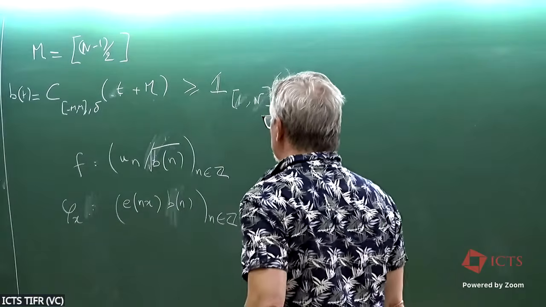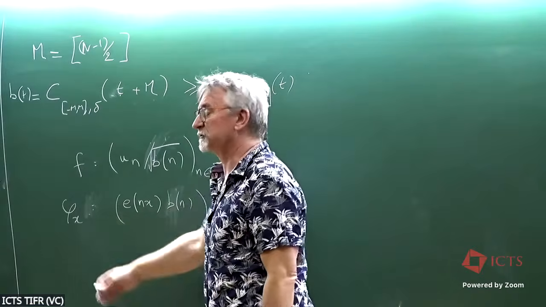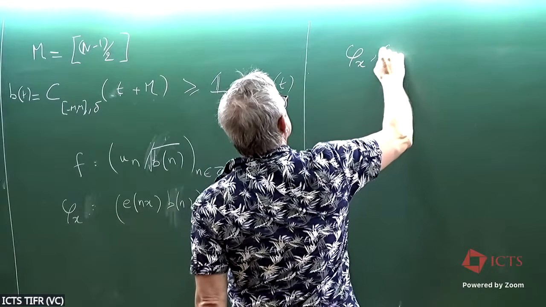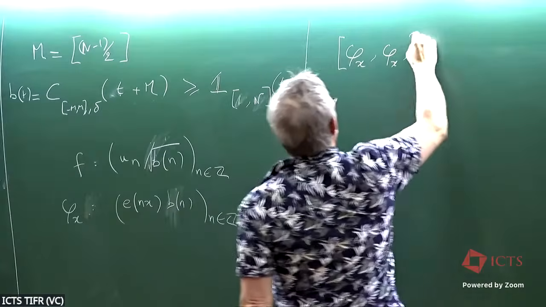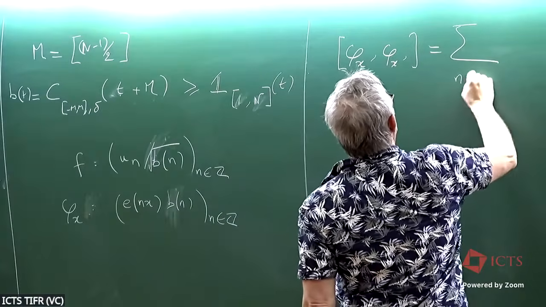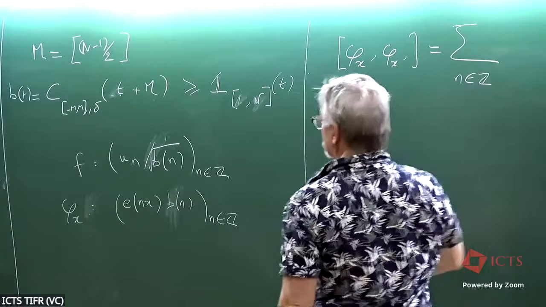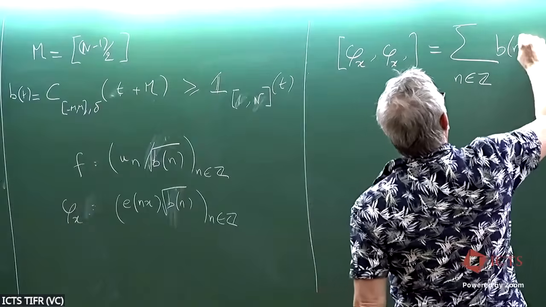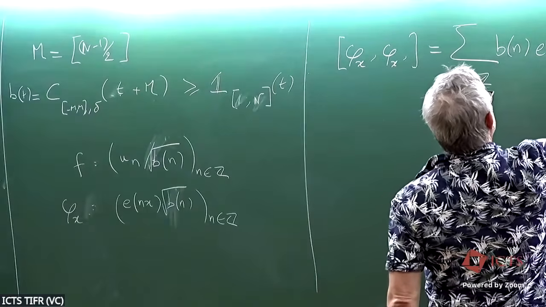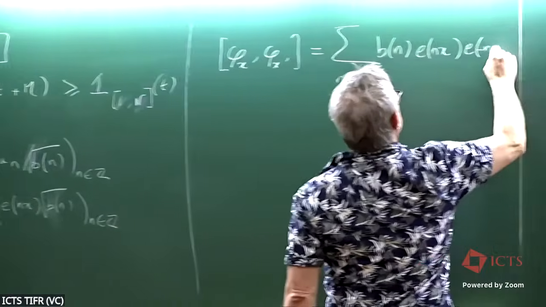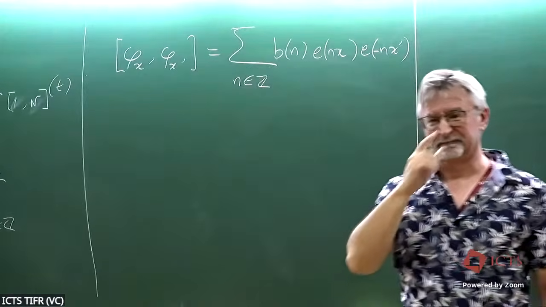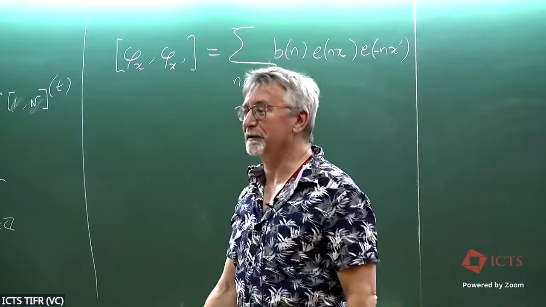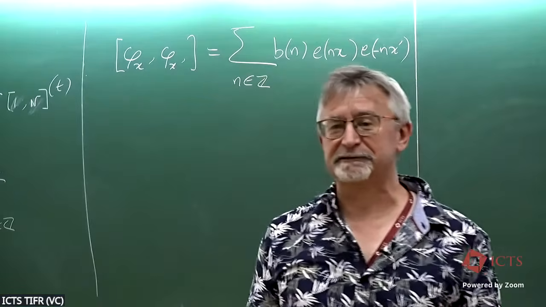Okay, so can we control the scalar product of this one? What do you think about phi x scalar phi x prime? It is a sum for n in Z of square root of b_n e_n(x) e_{-n}(x prime). Free meal for whoever is able to evaluate this.